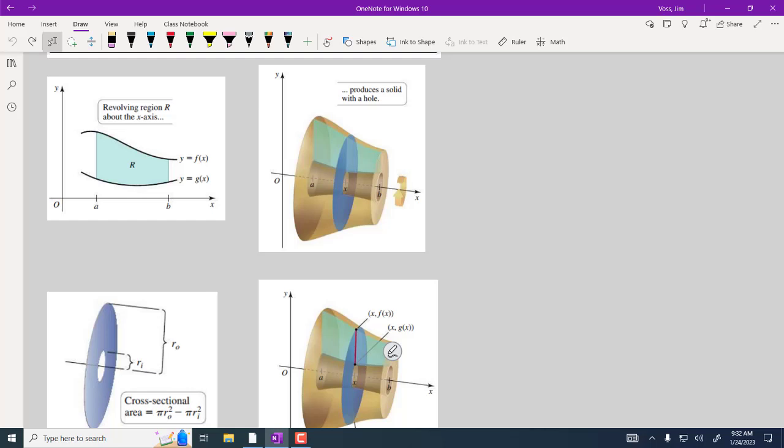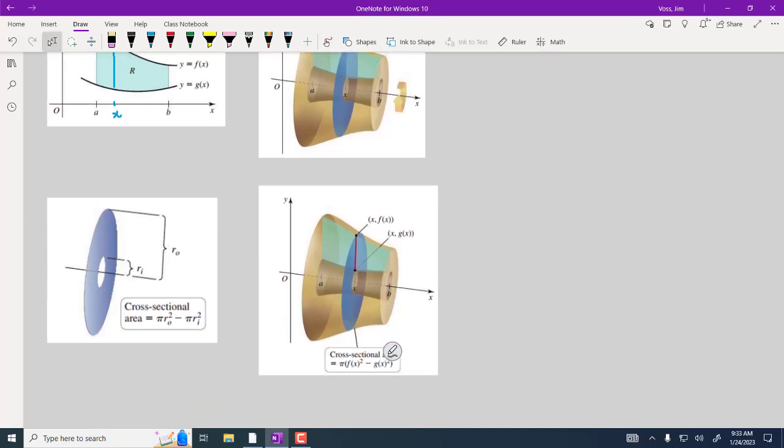So remember that the concept is that we've got our solid object, and we're taking these cross sections, and if we can find the area of a cross section, the integral of that area is going to give us volume. So we integrate area to get volume. When we look at this, if we were to take an integration element right here at a random x, when that rotates around the x-axis in this case, it creates this washer.